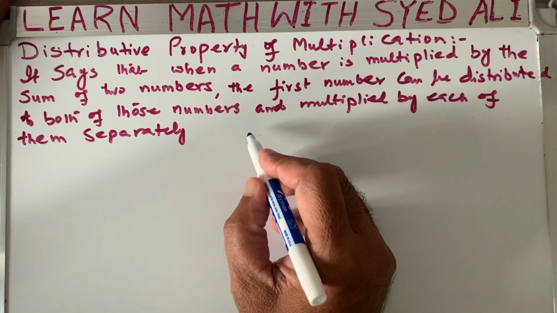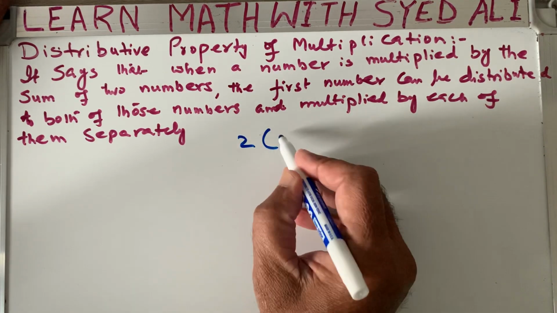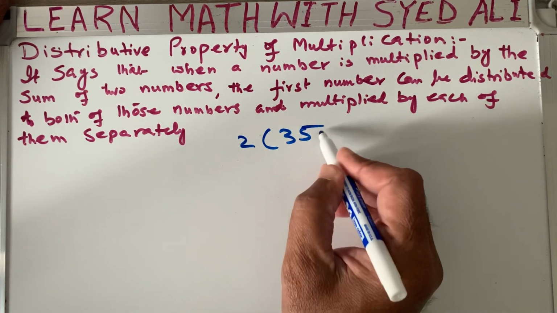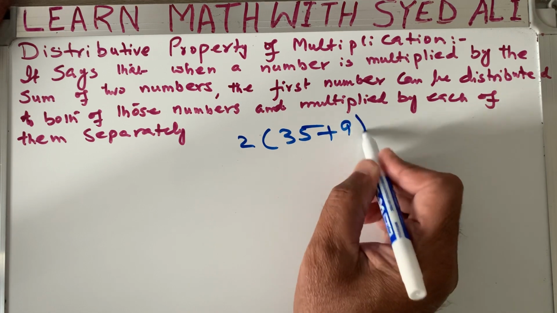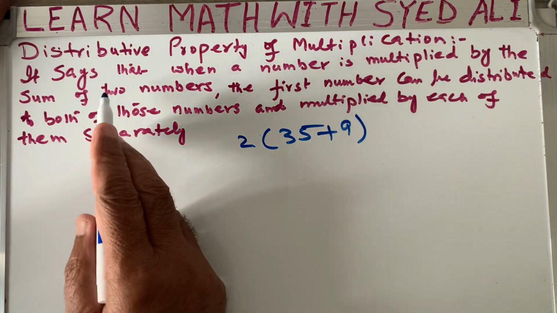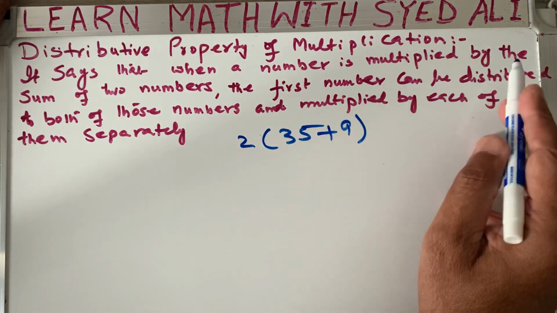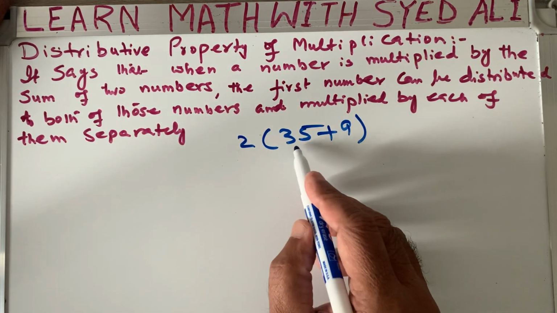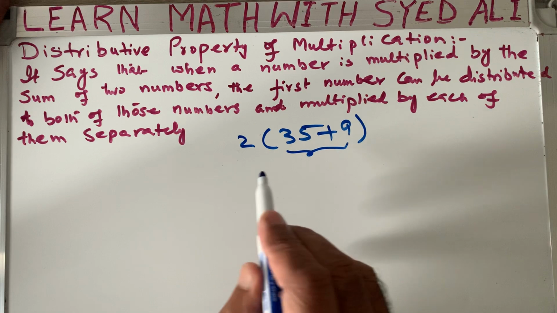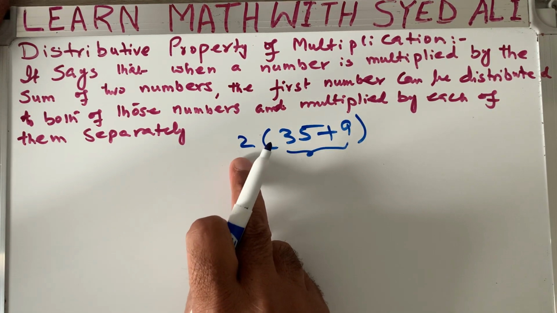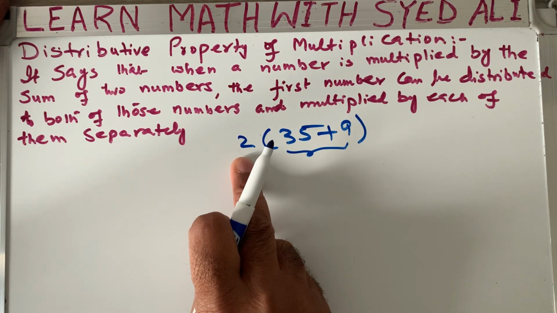If one number is multiplied by the sum of two numbers like this, what does it say? It says that when a number, this is the number 2, is multiplied by the sum of two numbers, the first number can be distributed to both numbers.